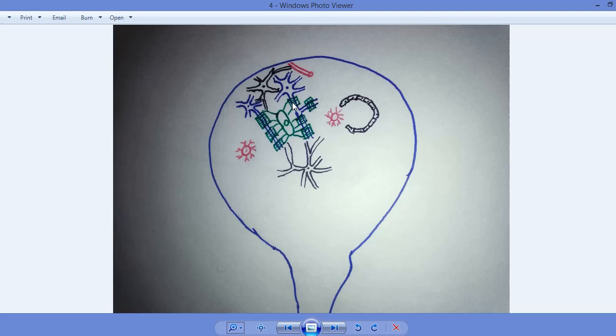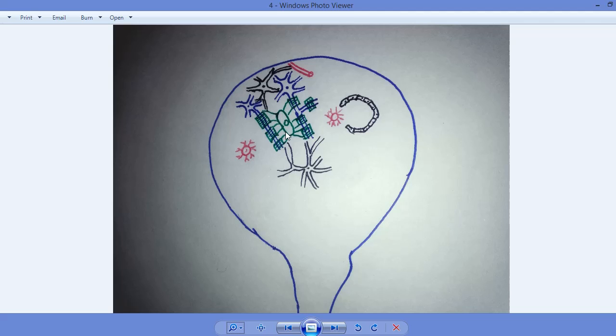There's a big difference between Schwann cell and oligodendrocyte, because one oligodendrocyte gives myelin sheath to thousands of axons, thousands of neurons.